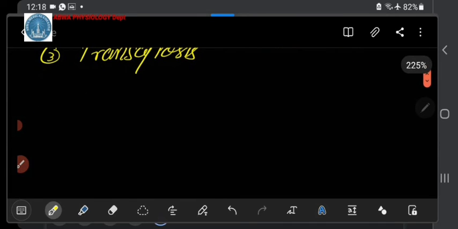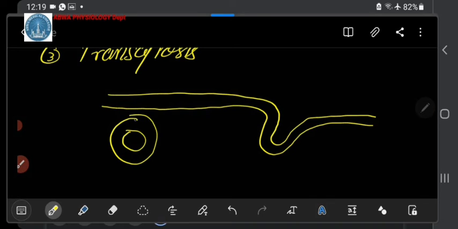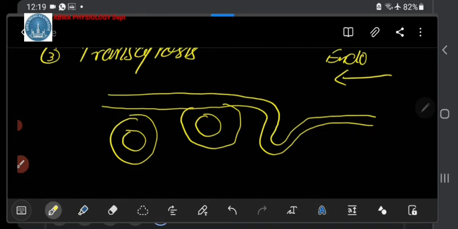Endocytosis and exocytosis have already been discussed many times, but I will try to draw the picture of that. My drawing is not so good, but I think you can understand the concept. This is endocytosis in this way and exocytosis in this way.